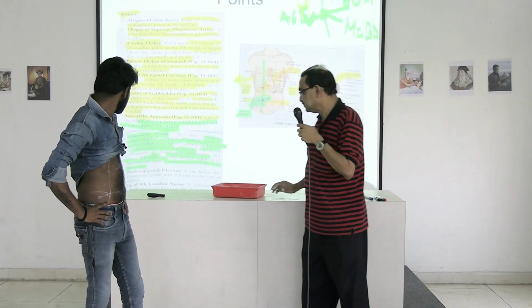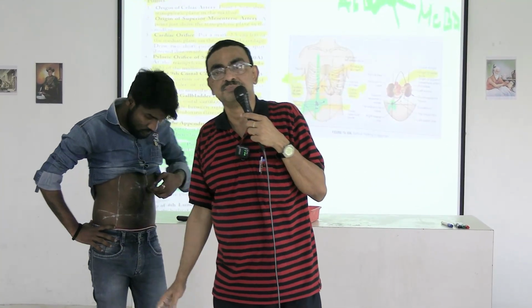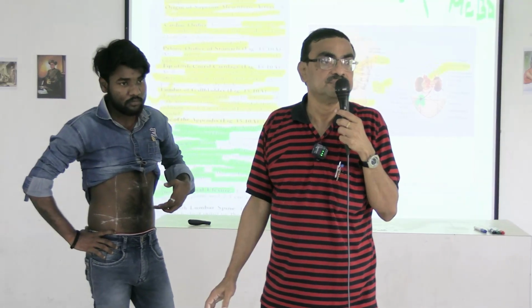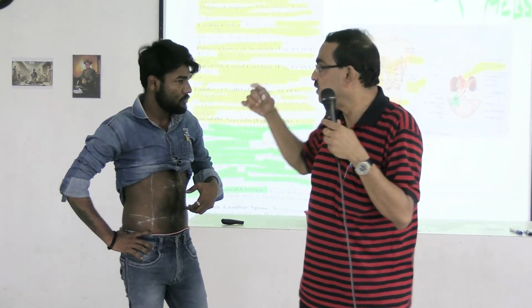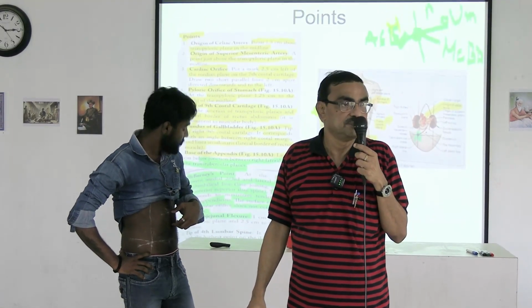Next is the duodenojejunal flexure. That means we know that the duodenum becomes the jejunum. The C-shaped duodenum becomes the jejunum.